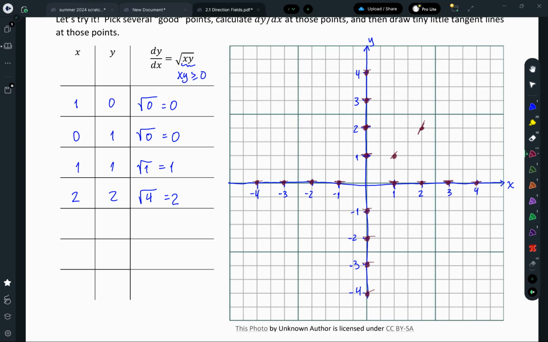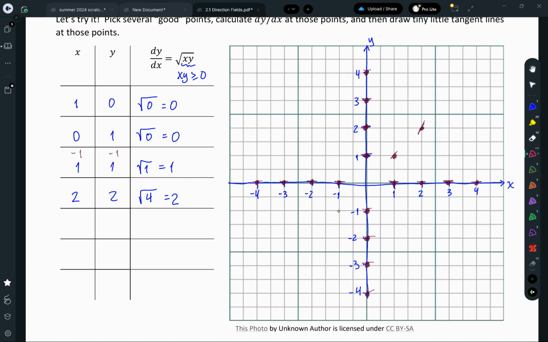Okay, so things are not the same, but maybe I should get a little bit more creative here. One of the things that's also true is whether I did 1, 1 or negative 1, negative 1, I got the square root of 1, which is 1.